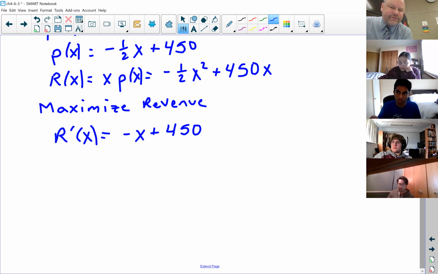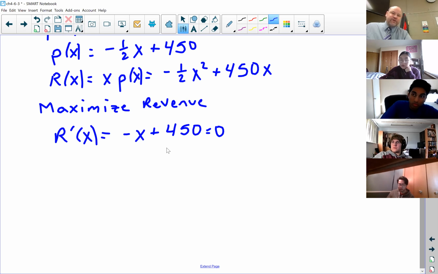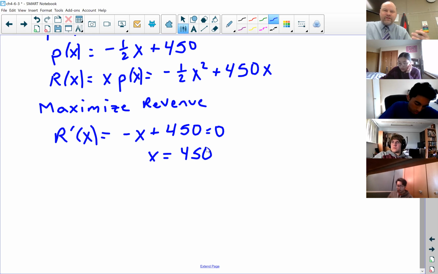Take the derivative, set it equal to 0, solve for X. I know that this one's a tough one to solve for X. So take your time, make sure you don't make any mistakes. Because I know I'd probably do it wrong. So our revenue is maximized when we sell 450 items.